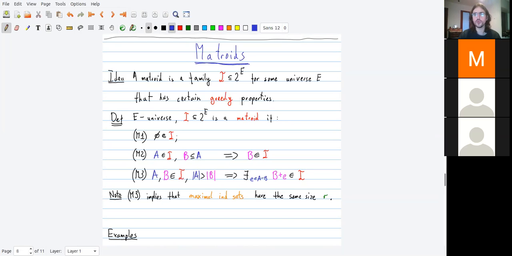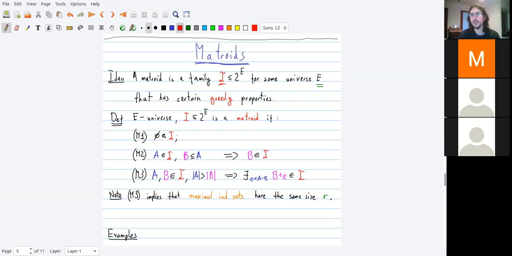So imagine that you've got some universe E. I will use E to denote the universe because this is the usual letter that is used in the matroid business. And a matroid is essentially a family of subsets of this universe.